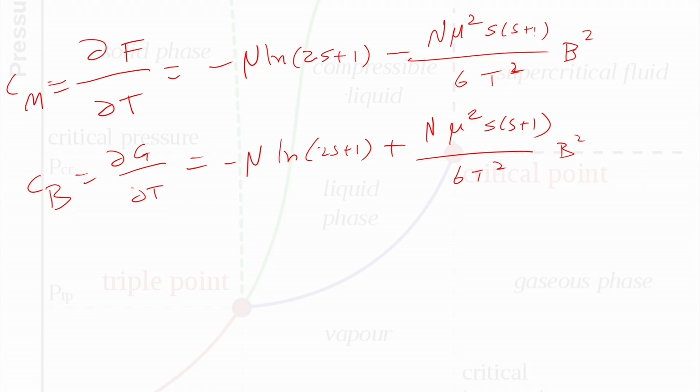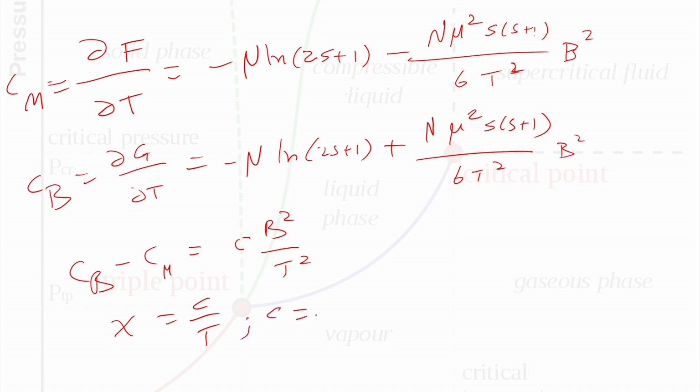So the question says show that Cb minus Cm is basically C times b squared by t squared, where C is given by psi equals C by t, the Curie constant. We just calculated the Curie constant, if you remember, as 1/3 s into s plus 1 times mu squared.